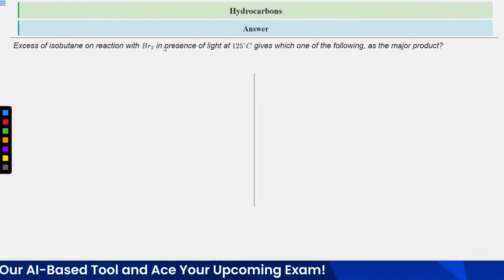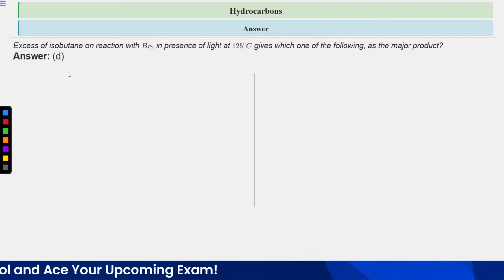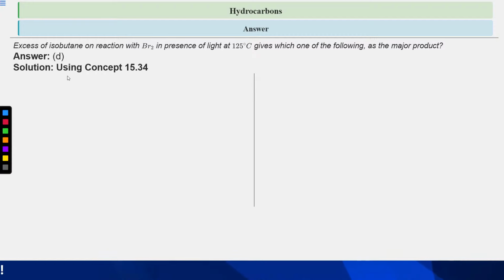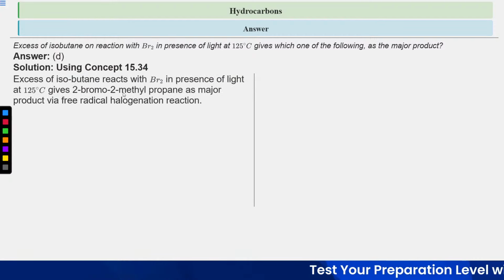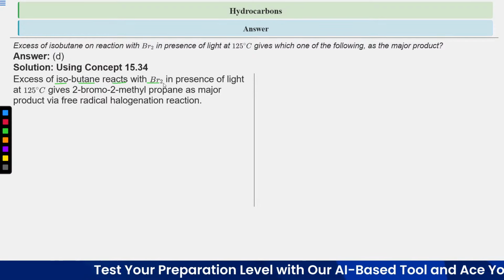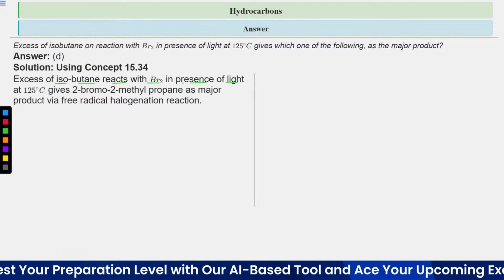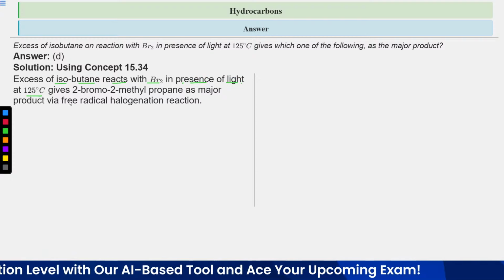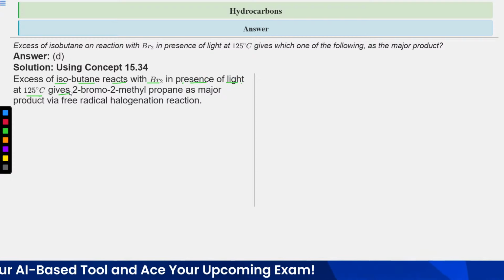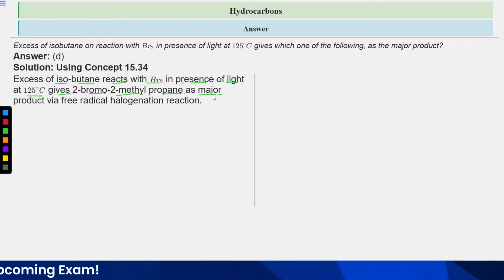So for the given question, the correct answer is option D. Using the concept 15.34, excess of isobutane reacts with the bromine molecule in presence of light at 125 degrees Celsius, which will give 2-bromo 2-methyl propane as a major product via free radical halogenation reaction.